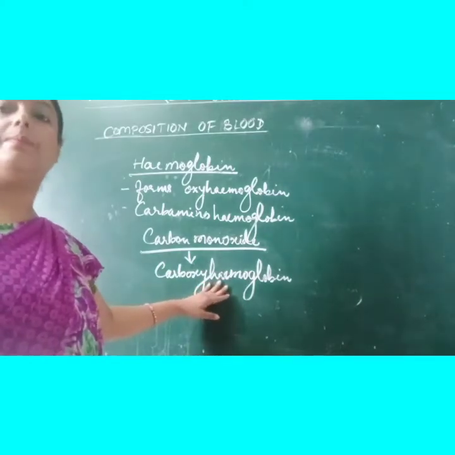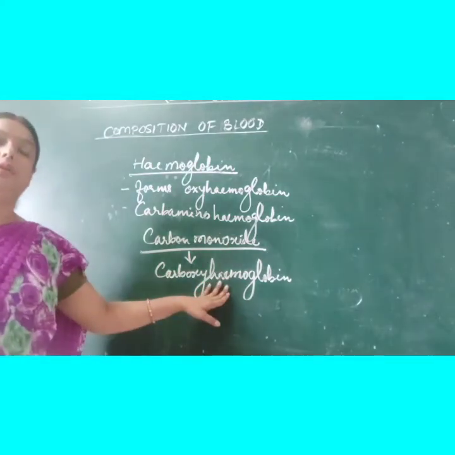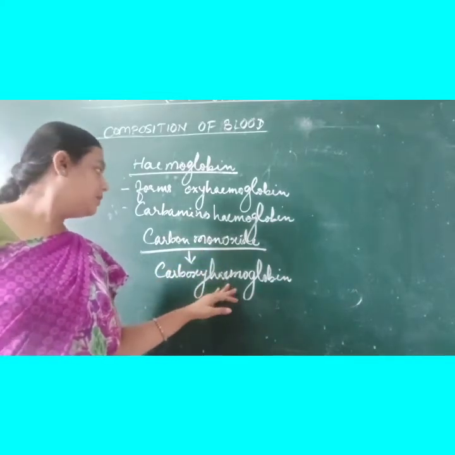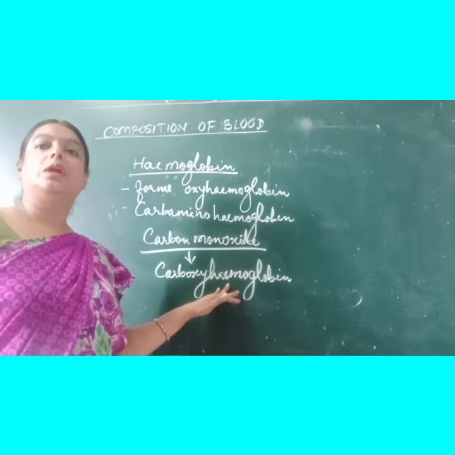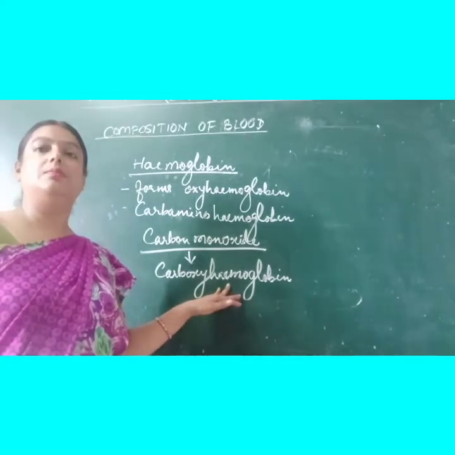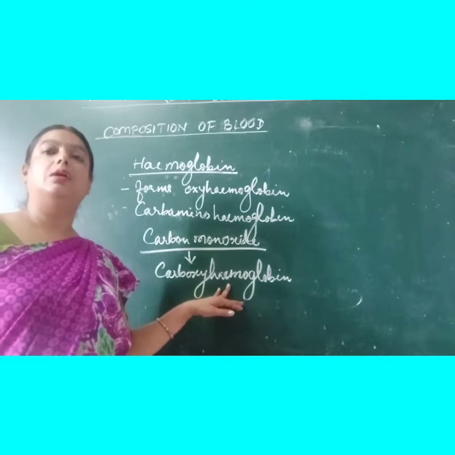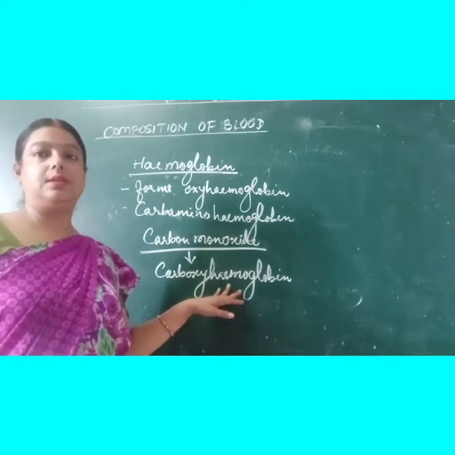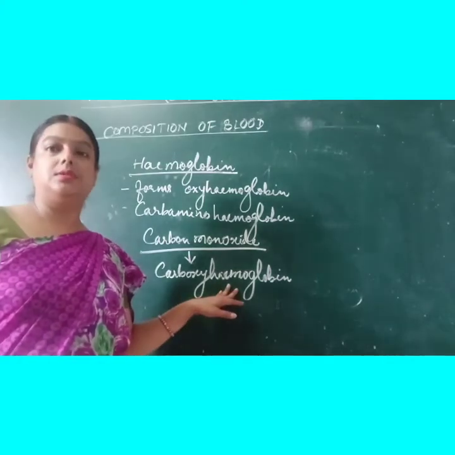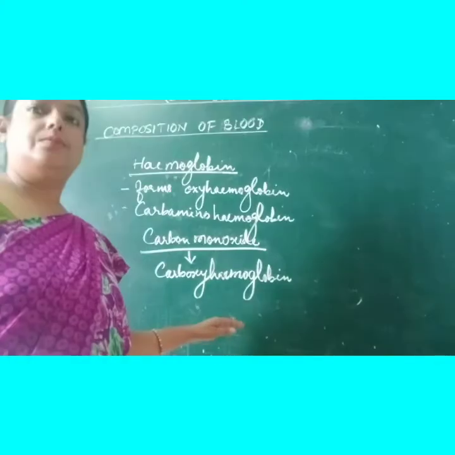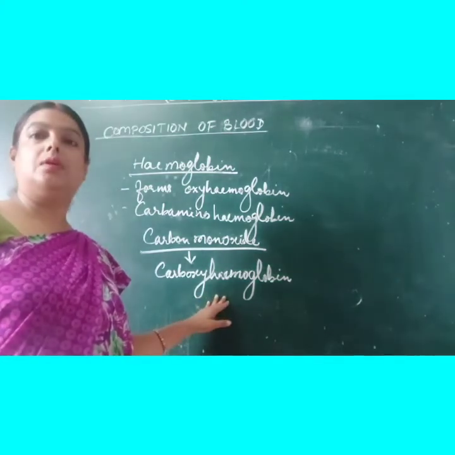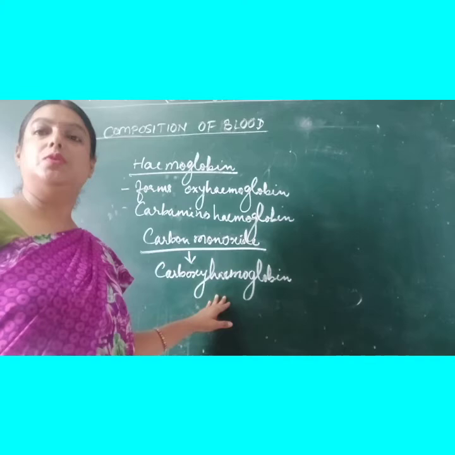Carboxyhemoglobin is a stable compound, and when hemoglobin combines with carbon monoxide to form carboxyhemoglobin, it cuts down the capacity of blood to transport oxygen. There will be no hemoglobin free to combine with the oxygen. This is called carbon monoxide poisoning. Children, you must have heard about deaths due to carbon monoxide poisoning.